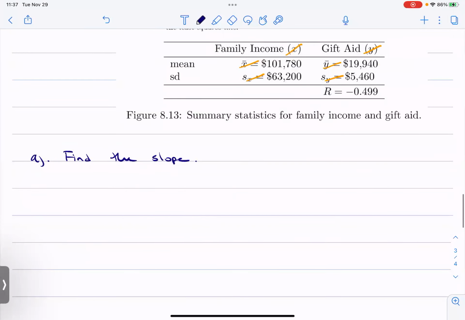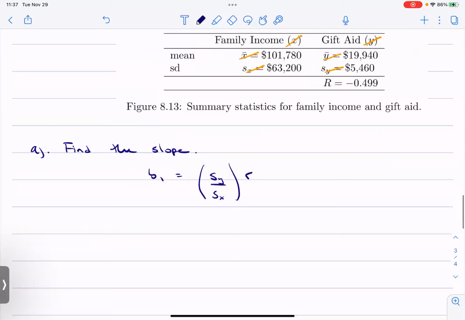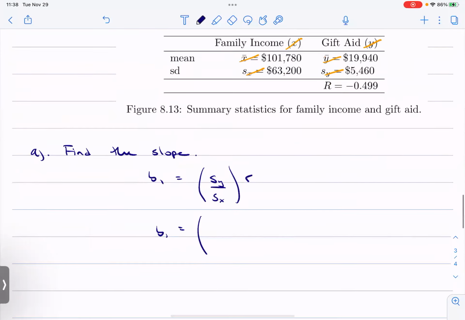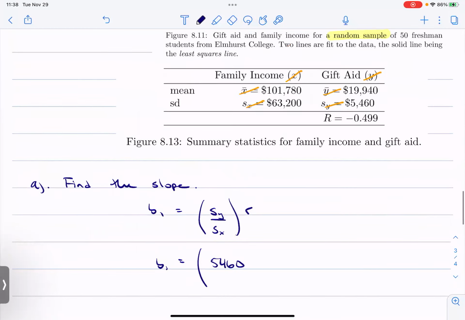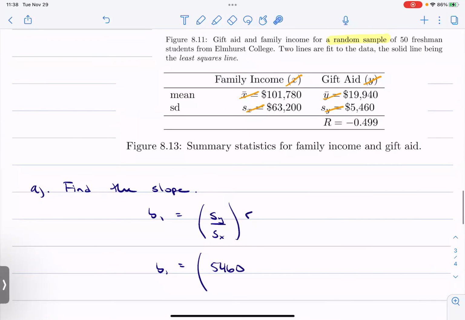We've got the equation B1 is SY over SX times the correlation. The standard deviation of the Y's is 5,460. Sometimes we do weird things like, because this is money, we might have divided our data by thousands or something like that.